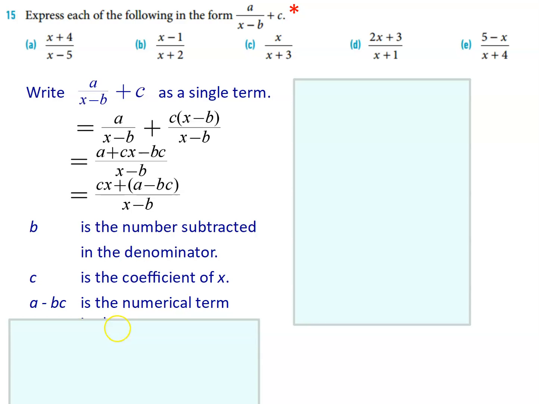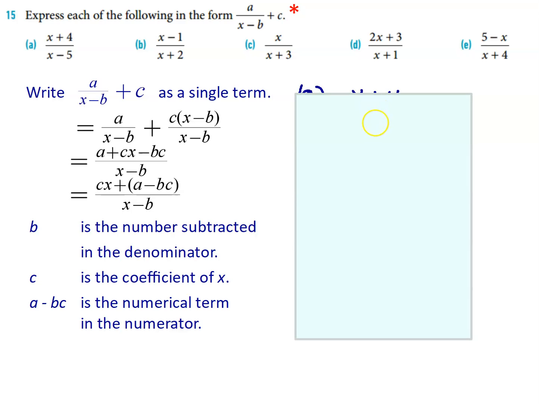And finally, the number that you're adding or subtracting in the numerator is just a minus bc. So in this case, for this question, a minus bc has to equal 4. So what I've come up with is basically a way to get a, b, and c by using all of this. So let's have a look at question A.